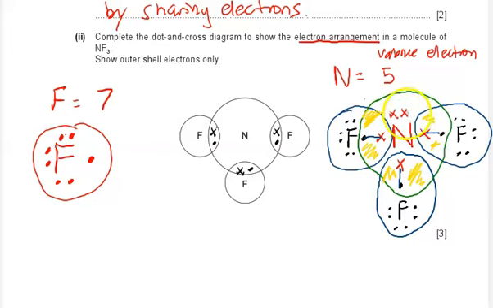Don't forget we have another 2 more electrons for nitrogen, and we use dots for fluorine. 1, 2, 3, 4, 5, 6 for each. So this is the total 3 marks for us. Okay, now we move on with the next question.